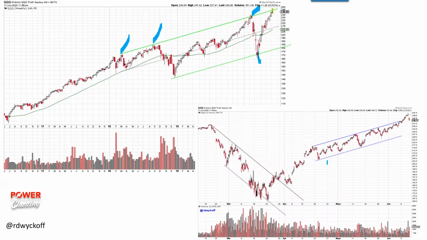Here is also, this is the Qs, both charts. Here is an important accumulation in the Qs. We're going to look at a point and figure in a minute. Look at the upward channel that occurs in the Qs on an intraday basis. This is a 2-hour chart, and overbought at the extreme here into June.